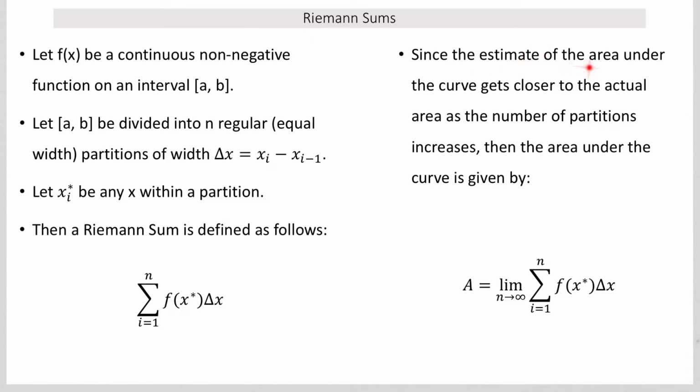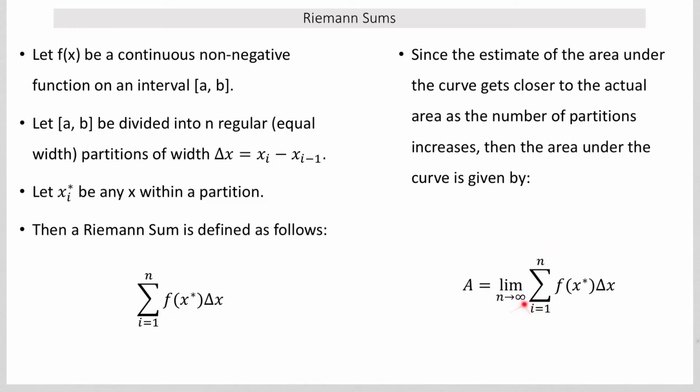Since the estimate of the area under the curve gets closer to the actual area as the number of partitions increases, the area under the curve is given by this limit: the limit as n approaches infinity of this sum.